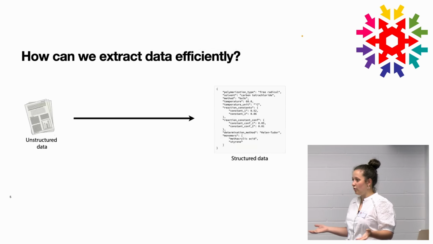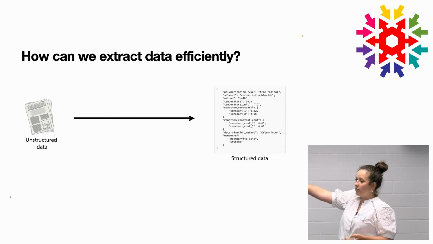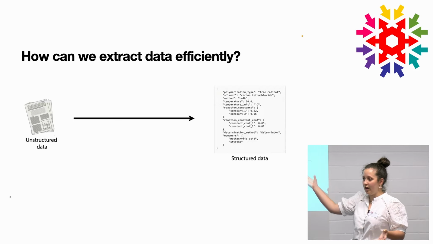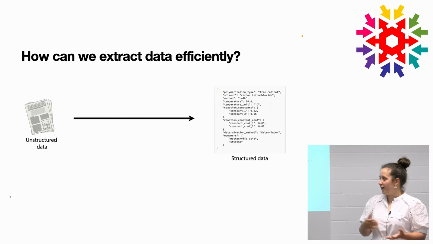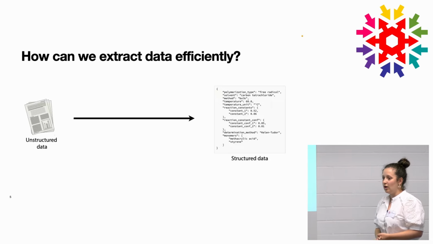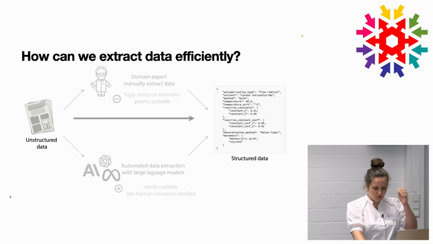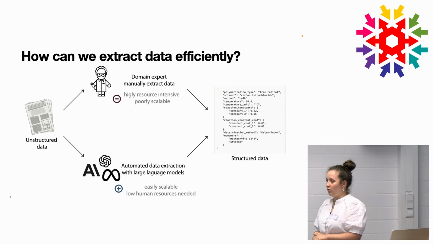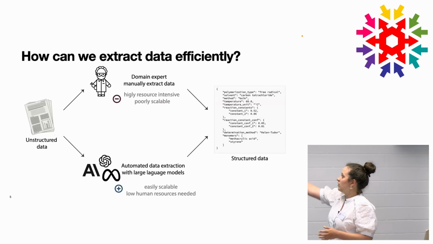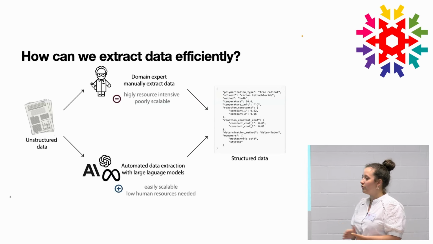And the question is how we can extract the data efficiently. So we have on the one side those papers that are kind of unstructured text. And on the other side, we would like to have something like this, which we can actually do something with on our computer. But how do we get there? What we could do, and what a lot of people did, is use some domain experts, as I guess all of you are, and they could extract the data manually, but it takes a lot of time.